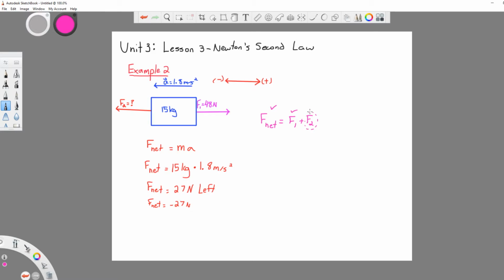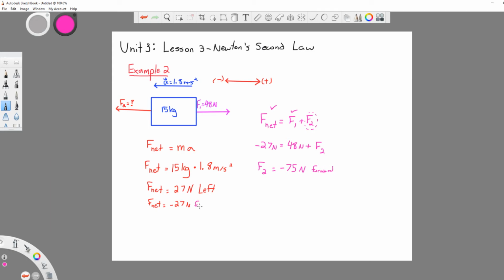We just have to solve this value. Simple addition now. Net force, negative 27 newtons, is equal to force 1 of 48 newtons plus force 2. We flip this to the other side, so we end up with F2 being equal to, that works out to 75, or negative 75 newtons, which is forward.